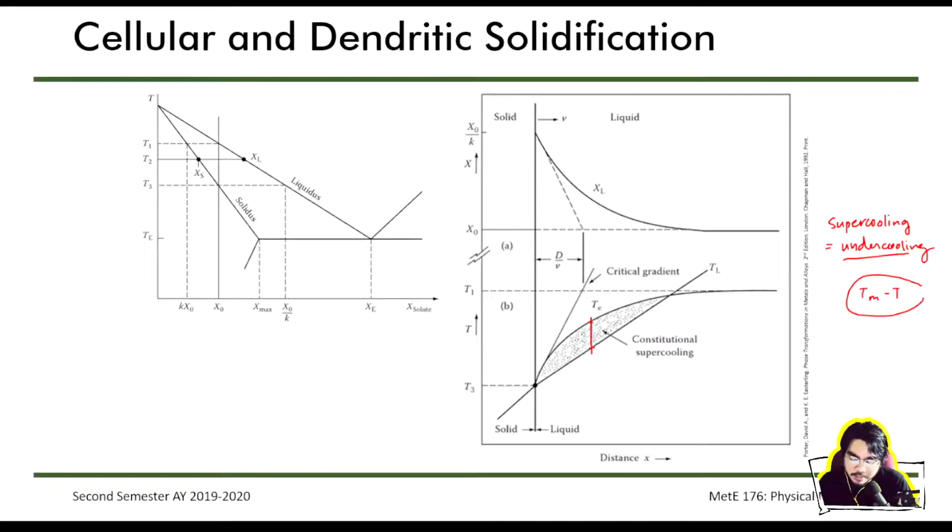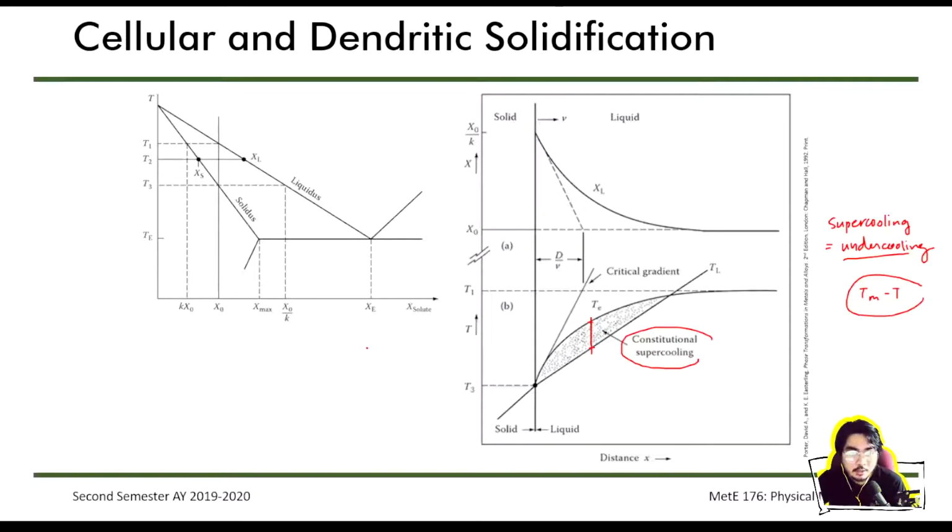In a way, we are saying that the supercooling arises from the compositional effects of our material as it solidifies, and not purely through thermal measurements. That is why we call it constitutional supercooling.